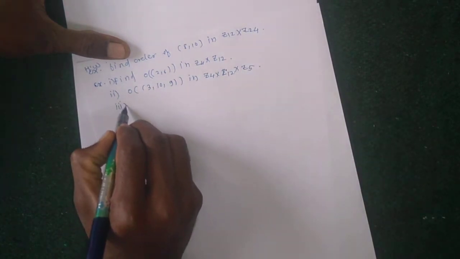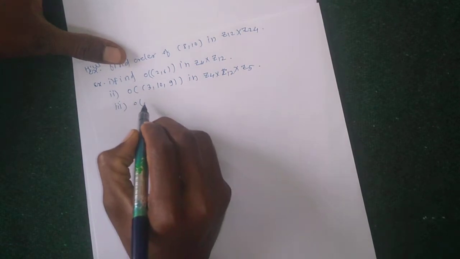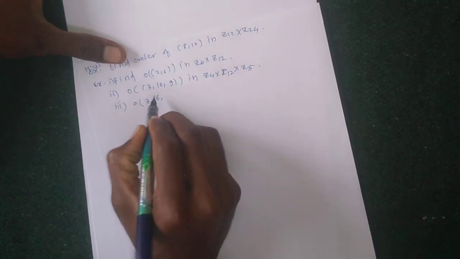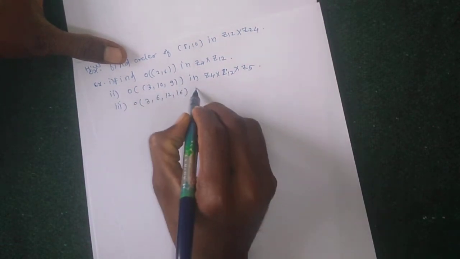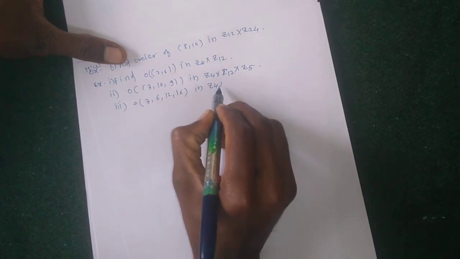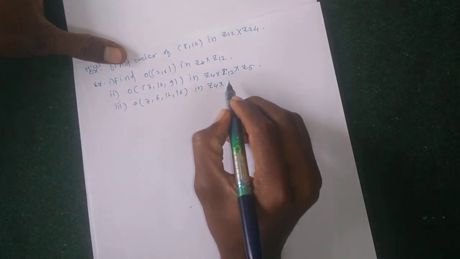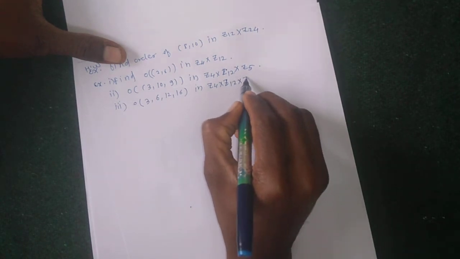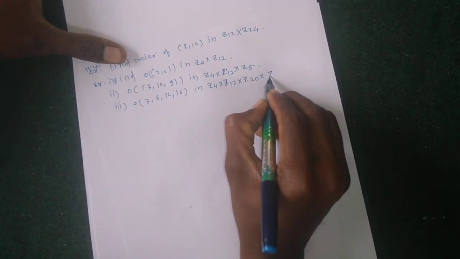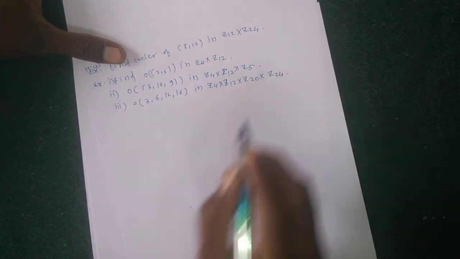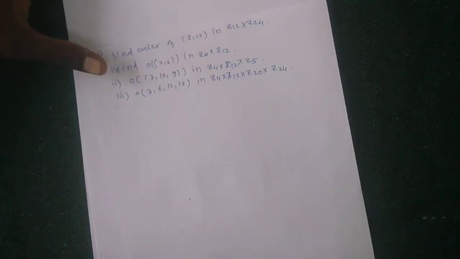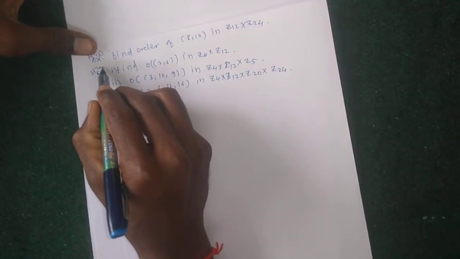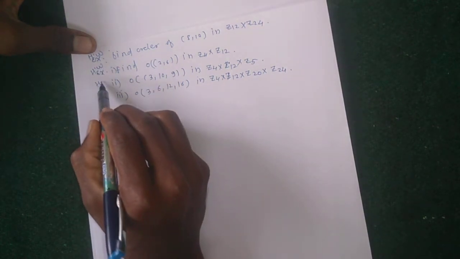And third, the order of (3, 6, 12, 16) in Z4 cross Z12 cross Z20 cross Z24. Solve these three examples at home.